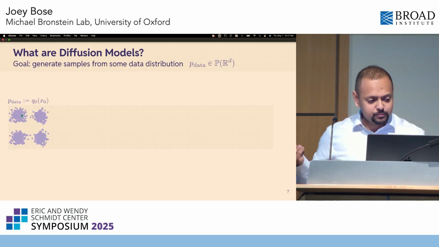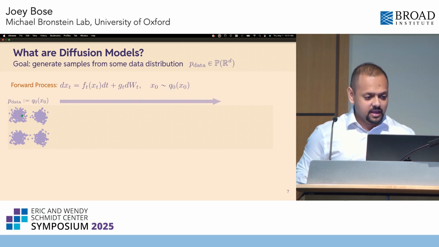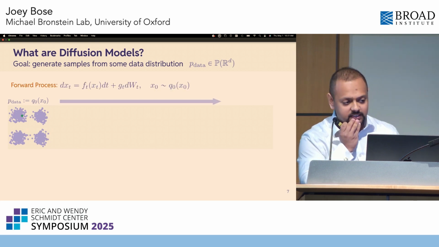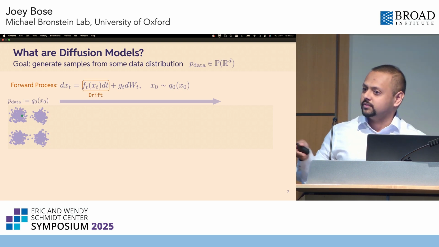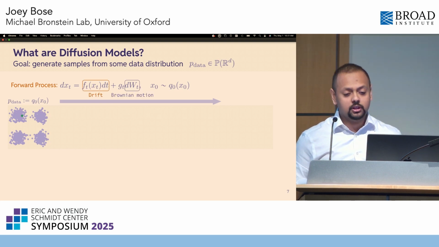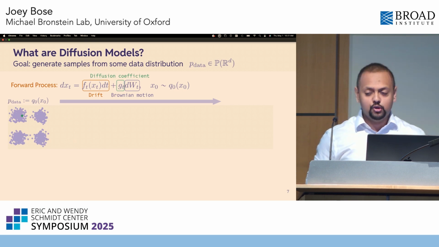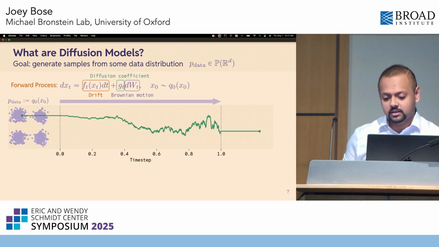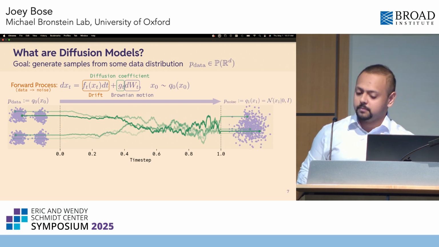So a diffusion model, as you may know, takes an initial data distribution, P data, and constructs a forward noising process where you take a stochastic differential equation characterized by its drift, which is the average direction you move in, with a little bit of noise, which is the Brownian motion, scaled by a diffusion coefficient. And you propagate this process forward in time until you hit a terminal distribution, which is going to be a standard normal distribution.